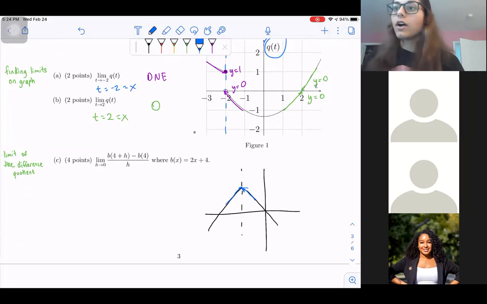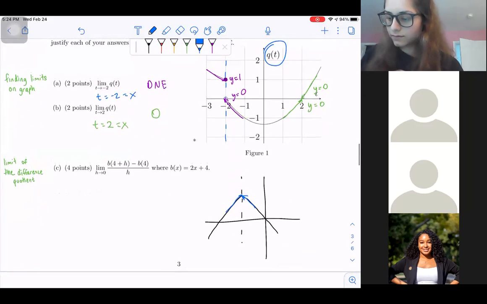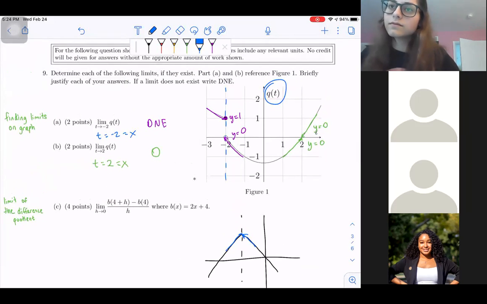I have a question. Oh, go ahead. So for the top one, the one you didn't just draw, if you just had a point, say it's at -2, 2, would that have been the answer? Would that have been 2 instead of does not exist?